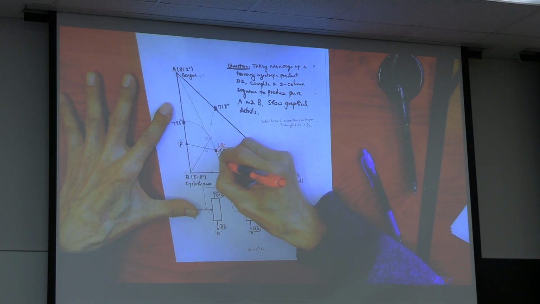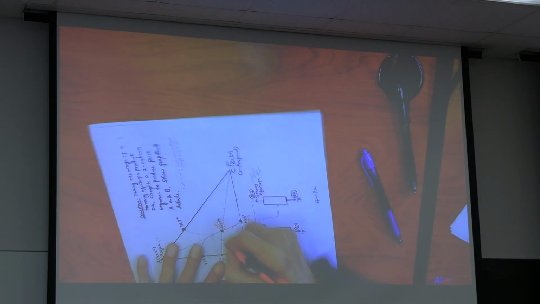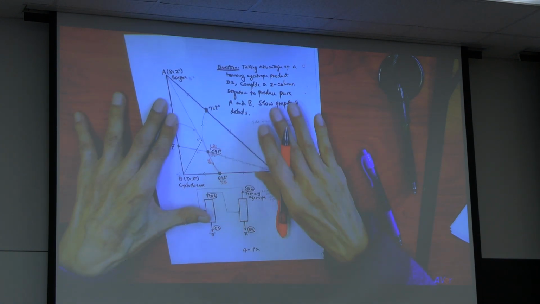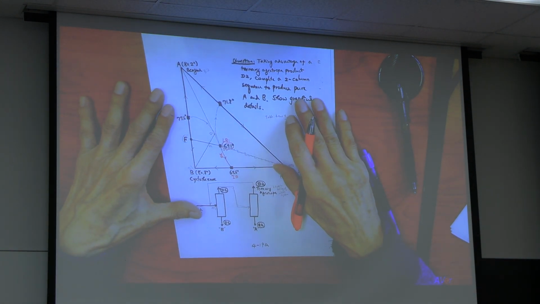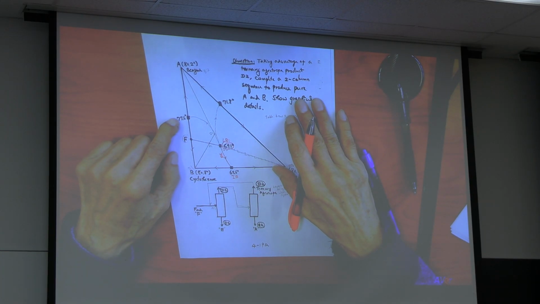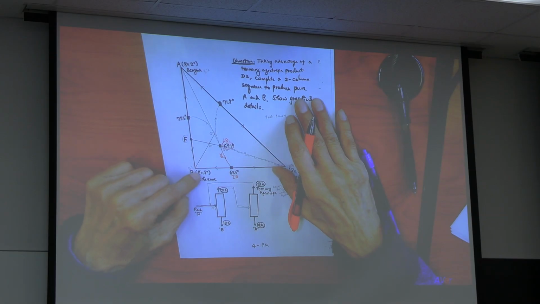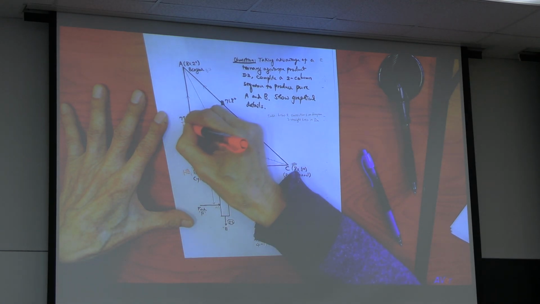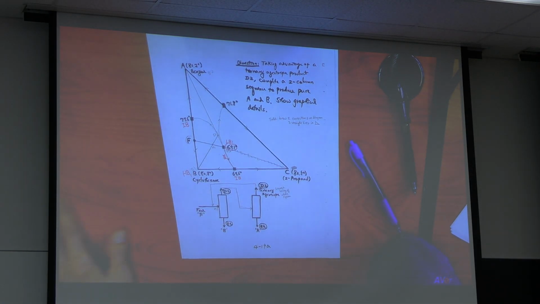Sorry, this gives you a constraint. 69.1, 77.6, 80.8. High boiling, intermediate boiling.